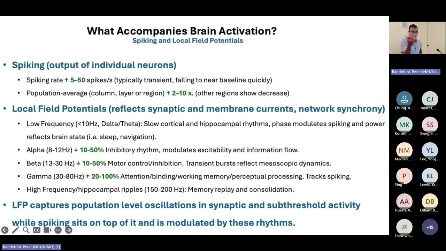Gamma frequencies, what we're probably most familiar with, occur during wakefulness. If you're attending to something or doing a complex task, you usually have gamma frequencies, 30 to 80 hertz, and they go up anywhere from 20 to 100%. They track spiking pretty closely; they're the one frequency that seems to track spiking. And then at the very high end, if you're sleeping, you have hippocampal ripples.